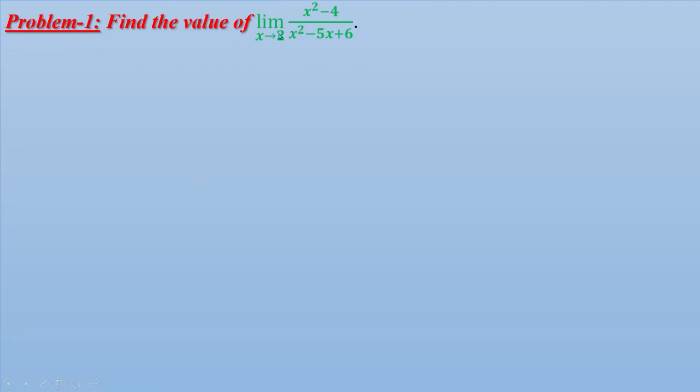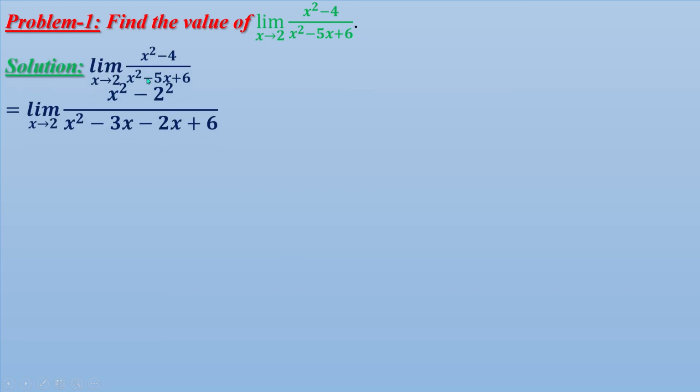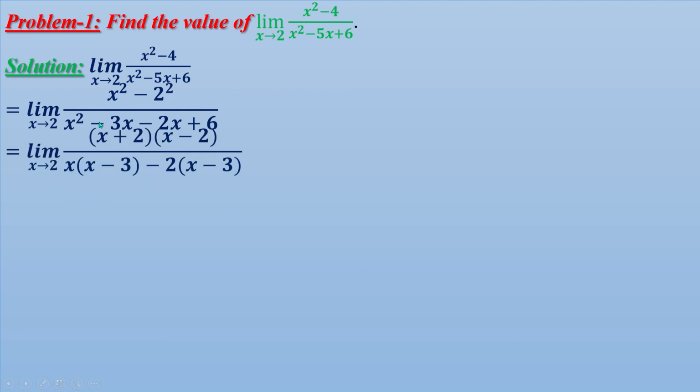Problem 1. Find the value of limit x tends to 2, x square minus 4 divided by x square minus 5x plus 6. Given the condition, here using the formula a square minus b square, and here the middle term factorization. At first I calculate this part.